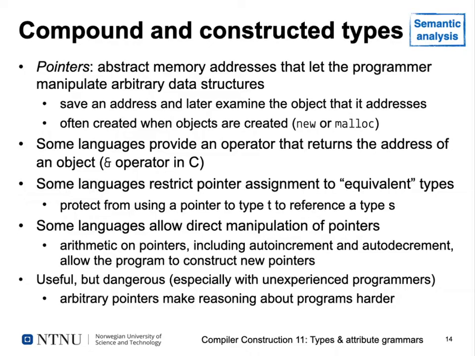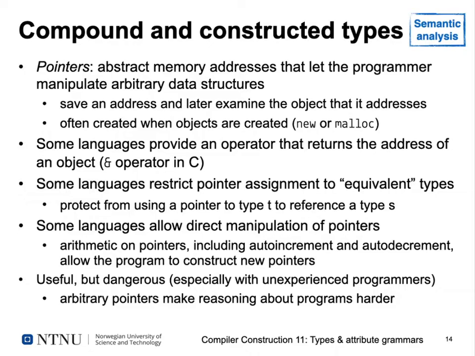C is very liberal with this, whereas some other languages restrict pointer assignments to equivalent types, so you don't get into trouble by trying to write an integer value to a pointer which actually points to a float variable and then mess up the data inside of that variable. Sometimes you want this, for example, if you have raw memory access or device access to I/O devices, then you need raw access to bits, or you need to be able to switch data types around because your network code accepts integers but you want to send floating points.